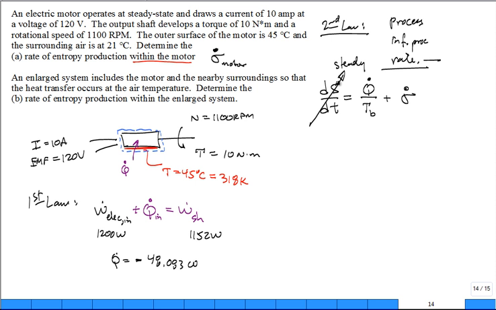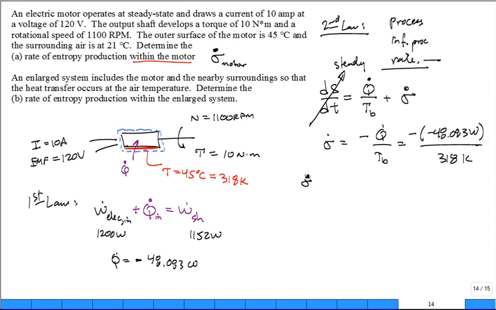So now we have that sigma dot is equal to negative Q dot over T_B. It's equal to a negative of a negative 48.083 watts divided by 318, no, what is it? Yeah, 318 Kelvin.